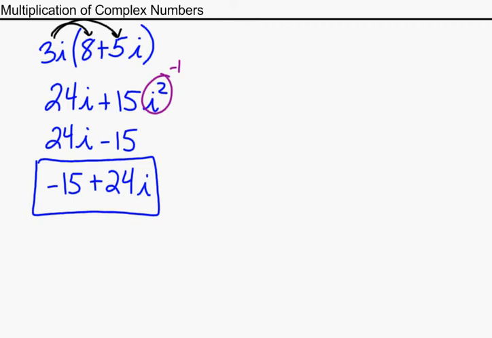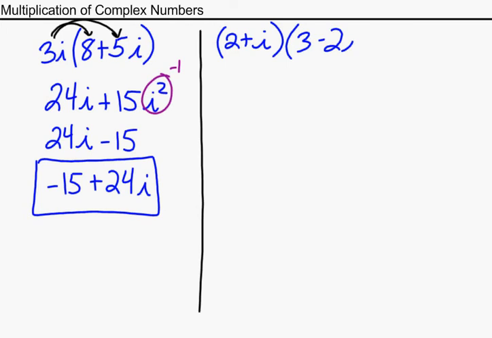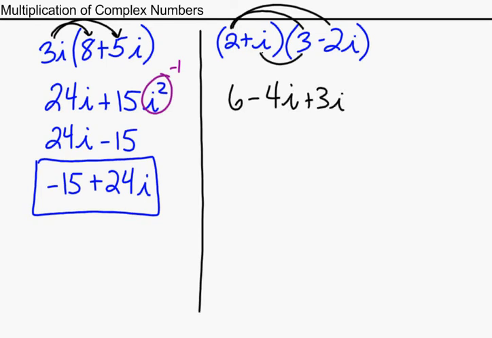After simple distribution, we look at problems that involve FOIL. So if I take a complex number, like 2 plus i, and multiply it by another complex number, 3 minus 2i, it's easy to relate this in your head to the polynomial process of FOIL, and it's going to behave exactly the same. 2 times 3 is going to give me 6. 2 times negative 2i is minus 4i. i times 3 is plus 3i. And i times negative 2i is going to be minus 2i squared.